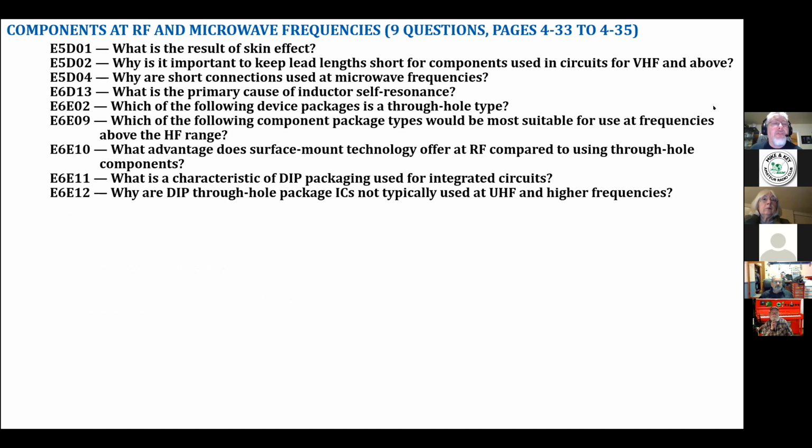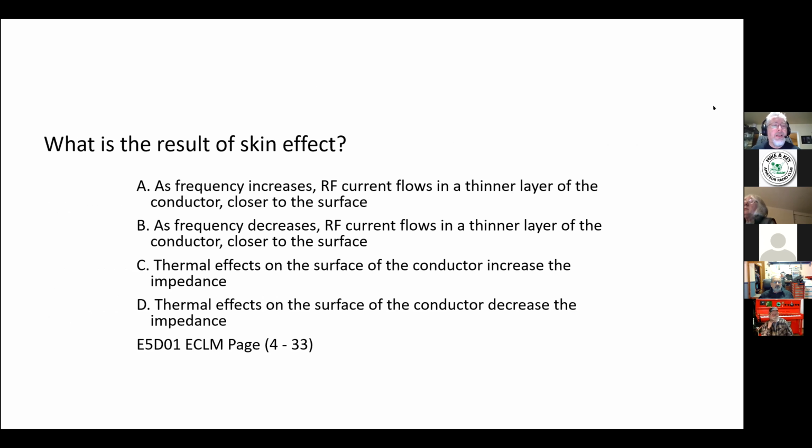Components at RF and microwave frequencies. 9 questions. What is the result of skin effect? A, as frequency increases, RF current flows in the thinner layer of the conductor closer to the surface. B, as frequency decreases, RF current flows in a thinner layer of the conductor closer to the surface.